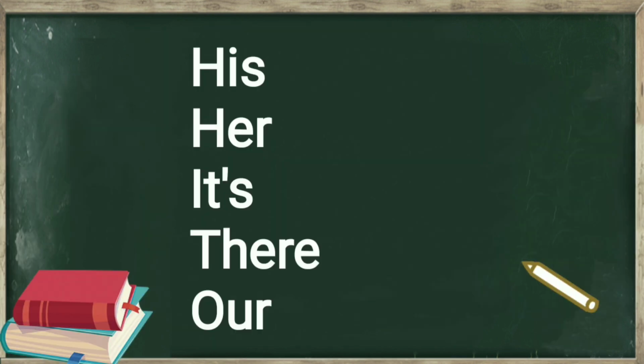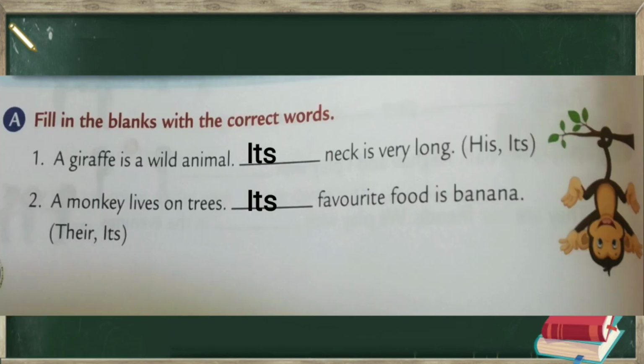So, giraffe is an animal. So, we use the word its. A giraffe is a wild animal. Its neck is very long. Write the answer, children. Write it neatly.